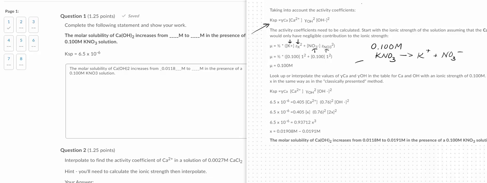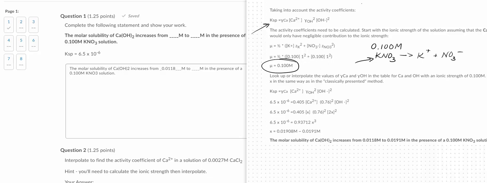Now, because it's all 1-to-1 stoichiometry with potassium nitrate, we have 1 squared for each of our charges. So our ionic strength is actually equal to 0.1 molar.